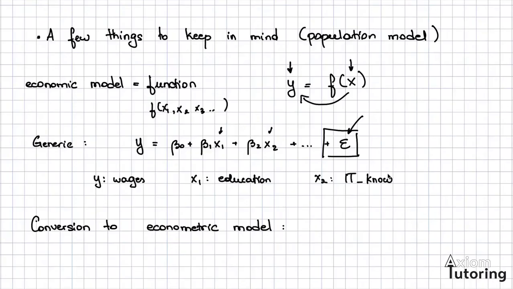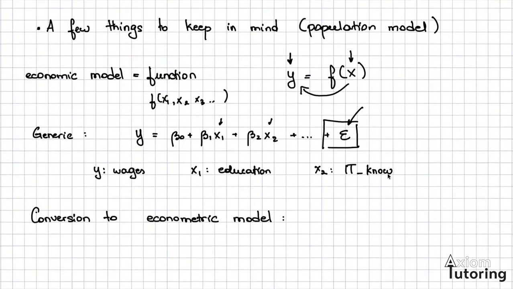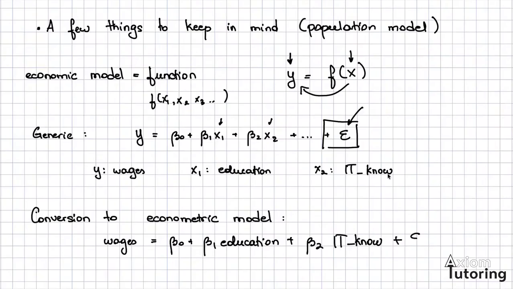I'm going to stop at two x variables, but keep in mind you can add as many other variables as you wish. Using the generic model, making the conversion to the econometric model, this will look as wages equals beta 0 plus beta 1 education plus beta 2 IT knowledge. And let's not forget, as usual, our error term.